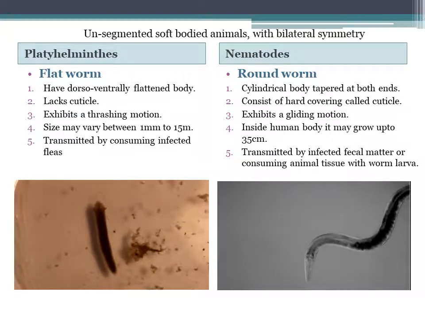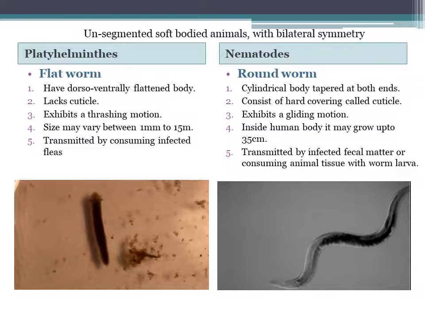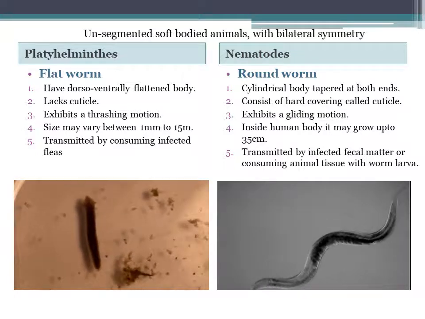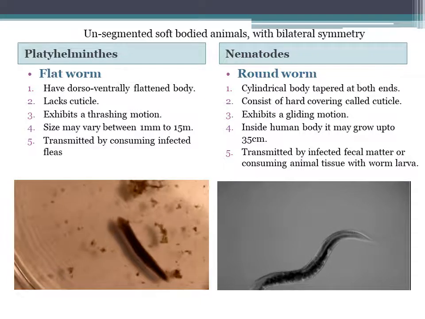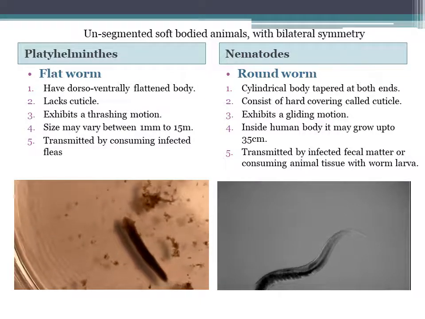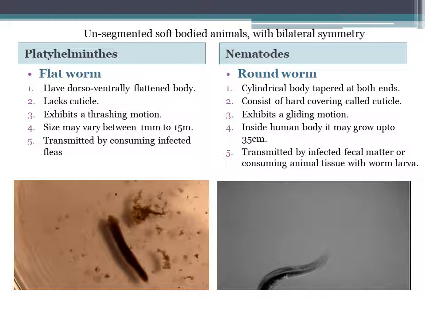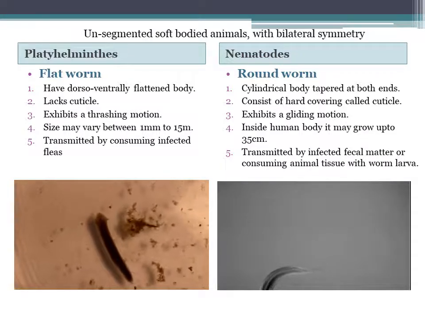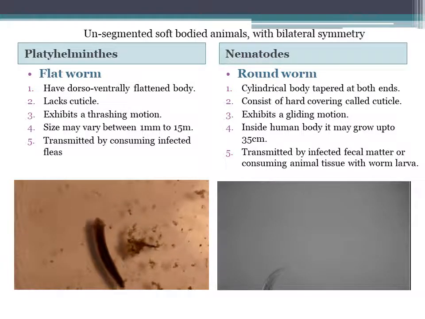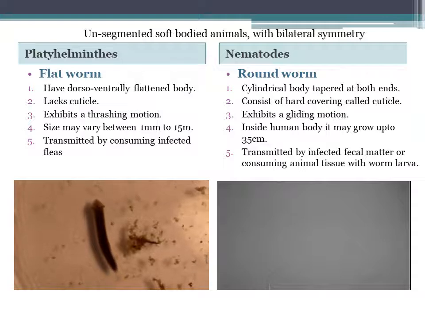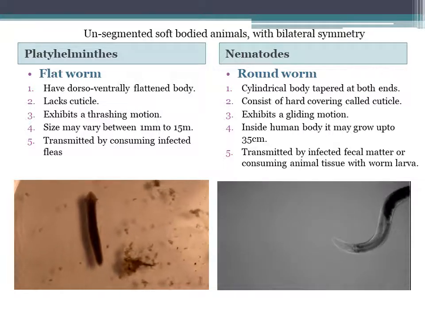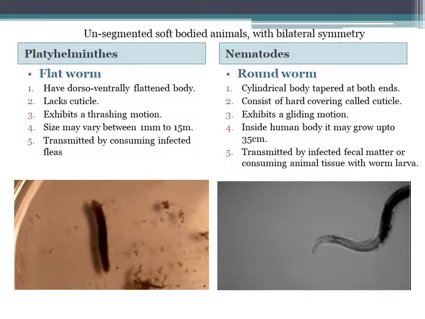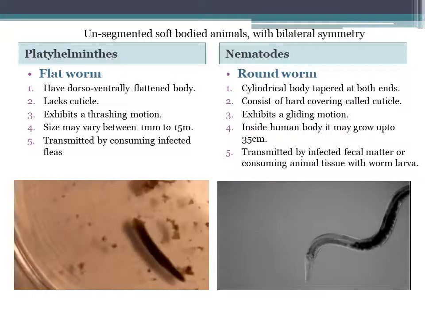At least in kids, it's given at 3-month intervals. Even when we are grown up, we still have to take some deworming medicines to eliminate such organisms. And such groups are actually blood-sucking in nature in the human body. So even we become anemic in their presence. In the case of Platyhelminthes, they are transmitted by consuming fleas. Fleas are different from flies.